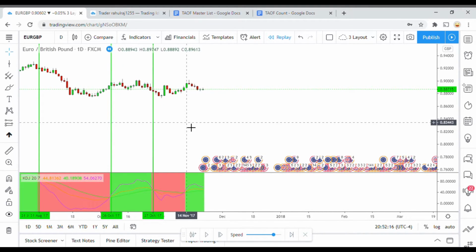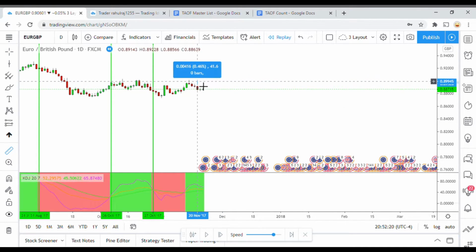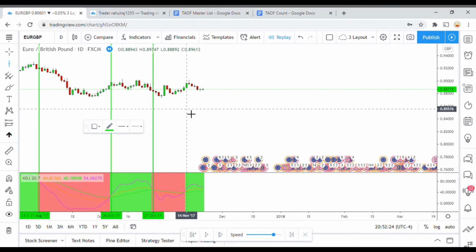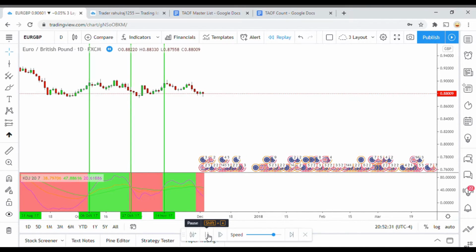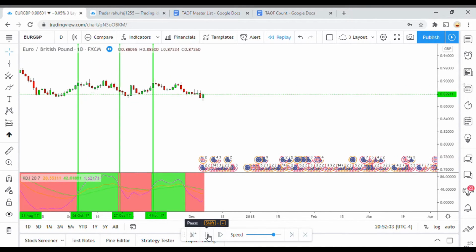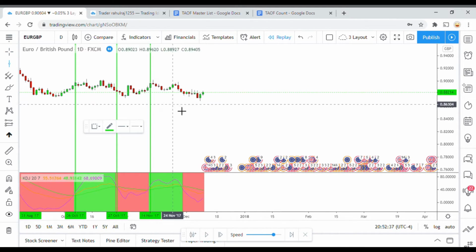Long signal there. Yeah, I don't know about this one. Ooh, it barely squeezed it in. And a short there. That one got us to take profit.